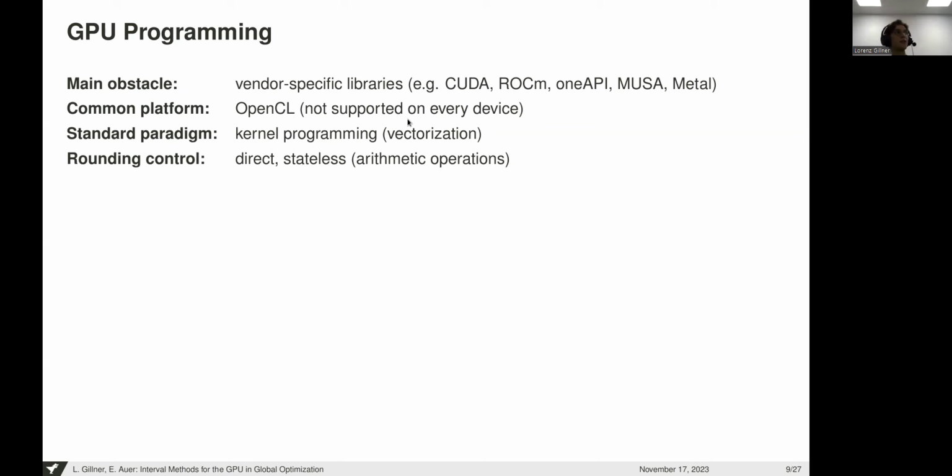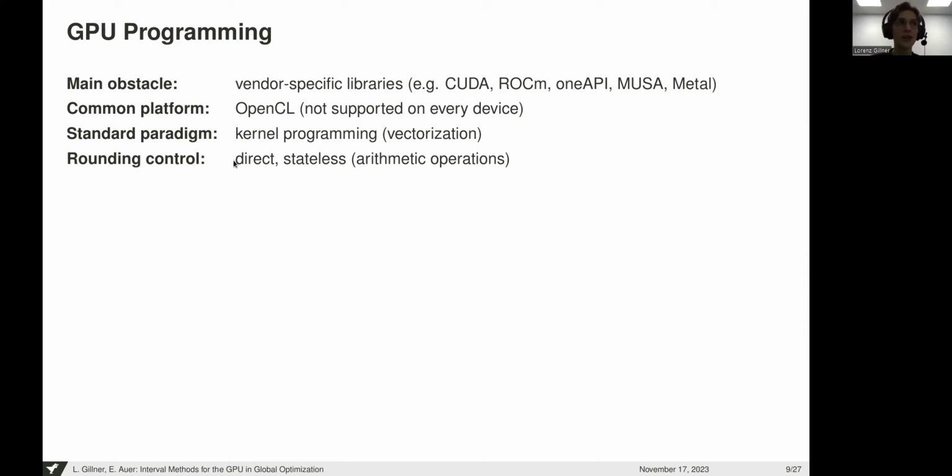And yes, when it comes to programming the GPU, we typically use something called kernel programming, which is very similar to vectorized programming. Some of the audience might be familiar with vector programming from MATLAB or languages like R, where we basically define a function and then execute this function in parallel on a large data array. And this splitting is handled by the GPU automatically.